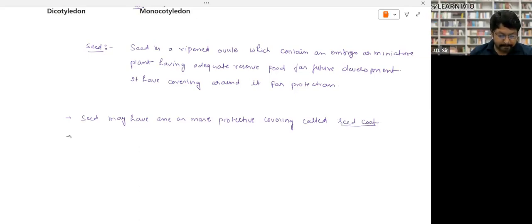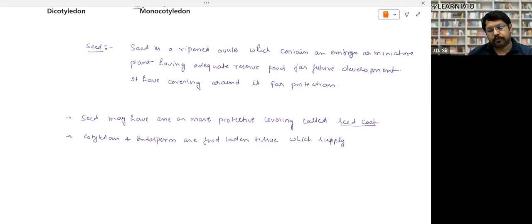And cotyledon and endosperm are food-laden tissues, which supply food to the developing embryo at the time of germination.